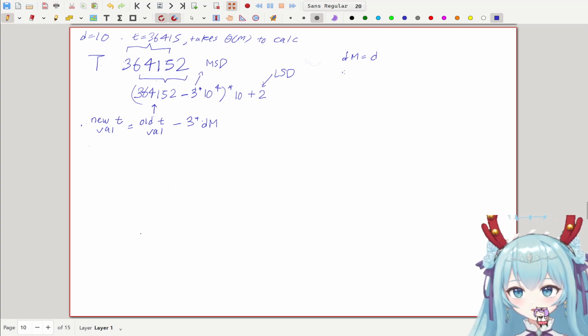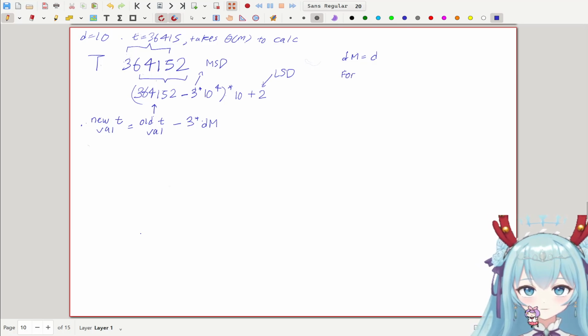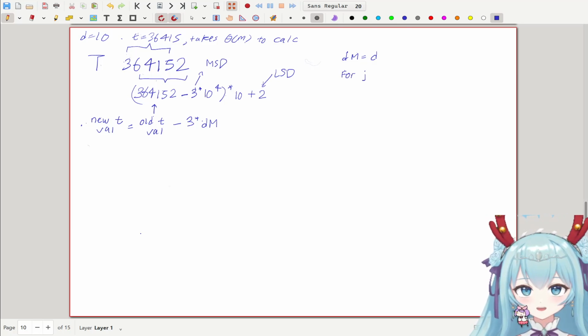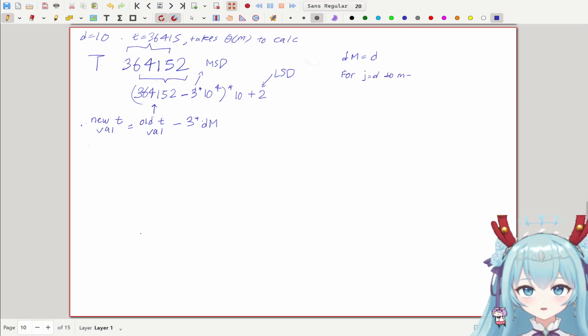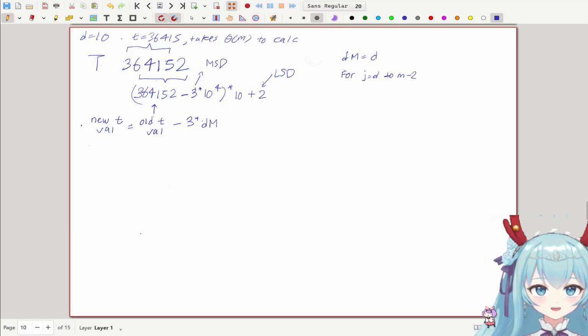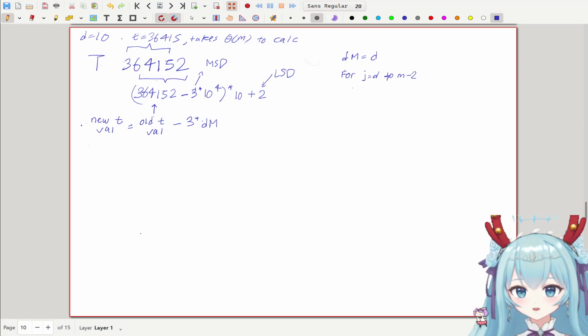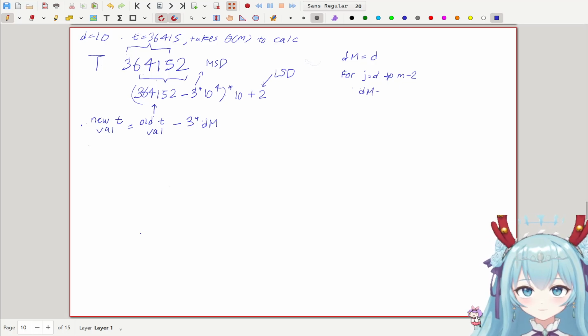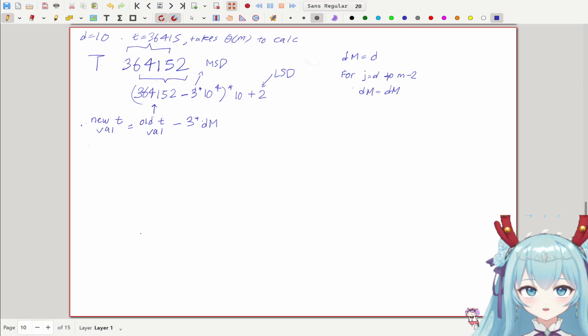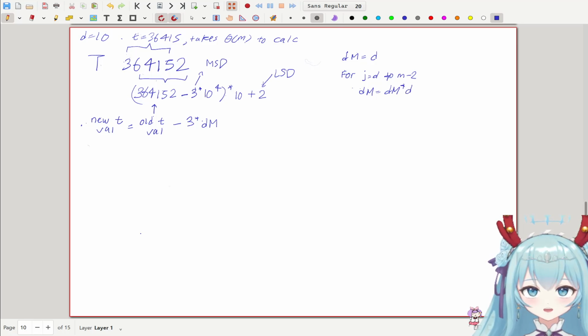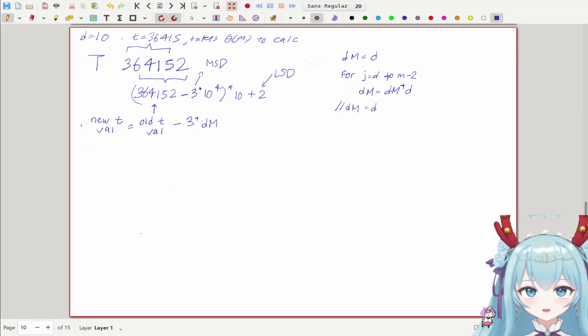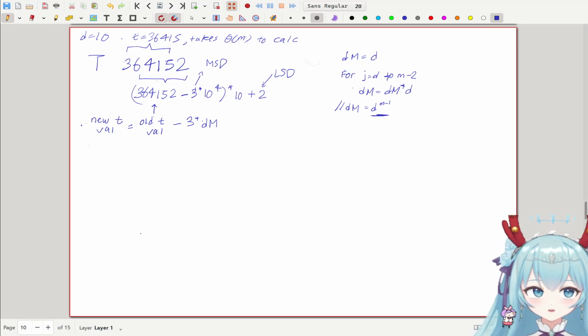So maybe we'll need to pre-calculate the highest power beforehand, because if we do so, we need not calculate it afterwards. So d of n is equal to d of m multiplied by d. Just note that d of m is actually equal to d to the power of m minus 1. But we can't really write this in code, which is why we wrote this instead.